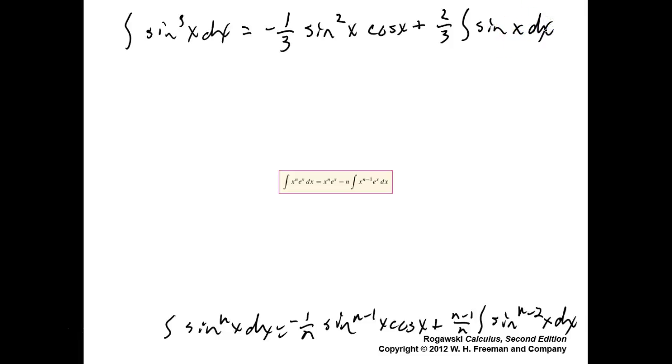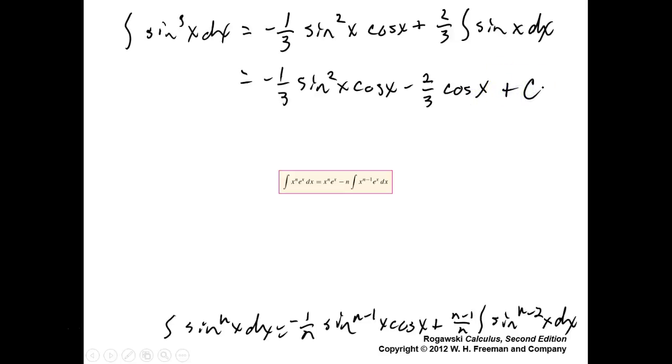We know what that antiderivative is, don't we? Negative cosine. So this will be minus 1/3 sine squared x cosine x, and because it's going to be a minus cosine, it'll be minus 2/3 cosine x plus c. Excellent.